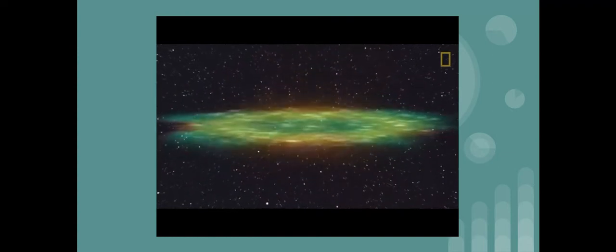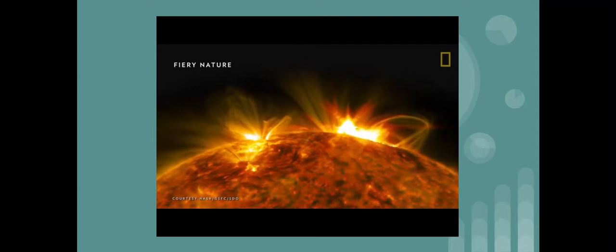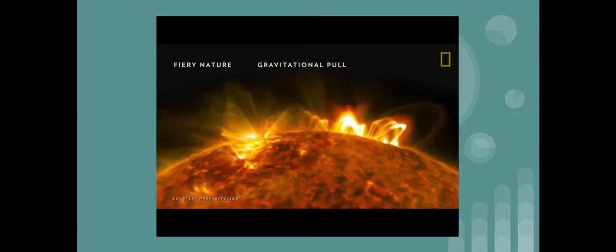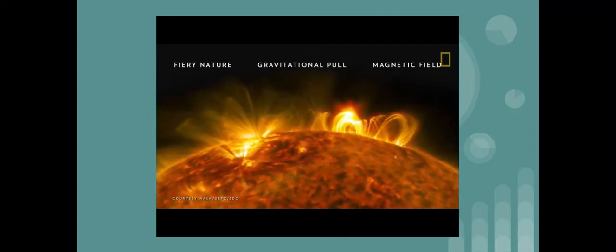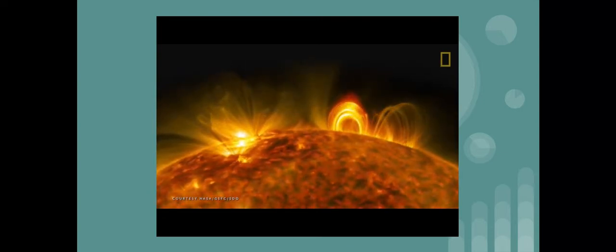It was born when a cloud of dust and gas, known as a solar nebula, collapsed. In the middle of this formation, matter condensed into a burning ball of gas that became our sun. The sun's fiery nature, along with a tremendous gravitational pull and an extensive magnetic field, helped it to become the heart of our solar system.